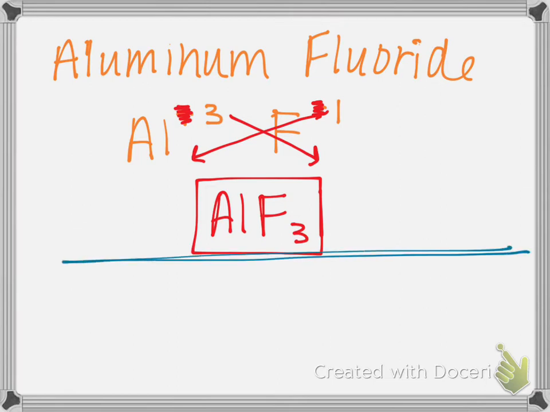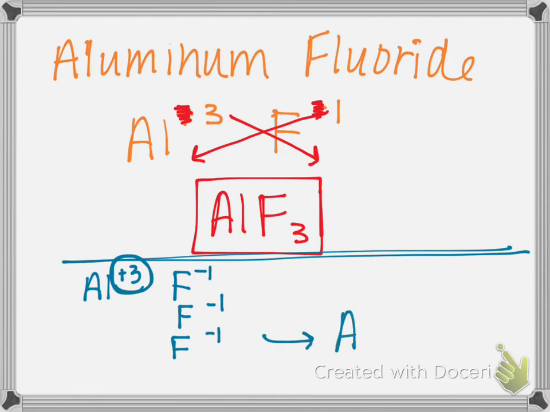All right, and I want to show you how it works the same way by counting charges. So aluminum is +3, fluoride is -1. If I've got 3 positive charges here, I'm going to need 3 negatives, right? I'm going to need 3 fluorines to balance that out. So when I build my compound, it would be Al1F3, but I know I can leave that 1 off.